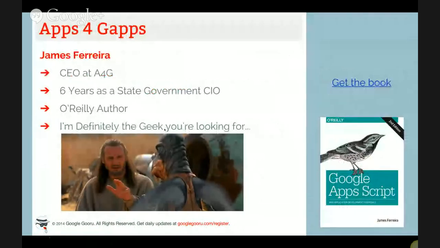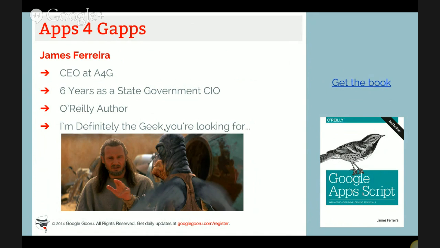So a little bit about me. I'm the CEO of Apps for Gaps, and before that I was in state government. I worked for the New Mexico Attorney General. I was the CIO there. So I've worked heavily in the corporate world and government, very regulated, lots of administration.